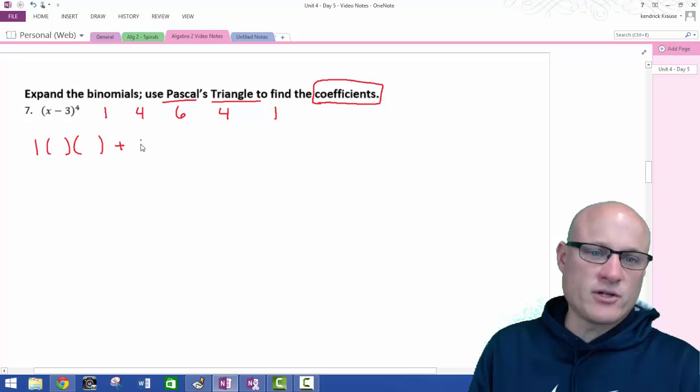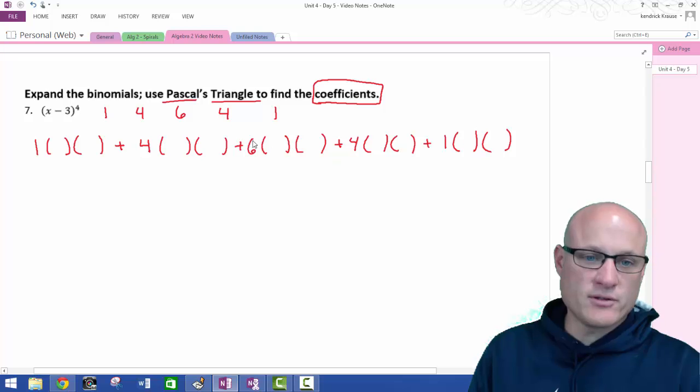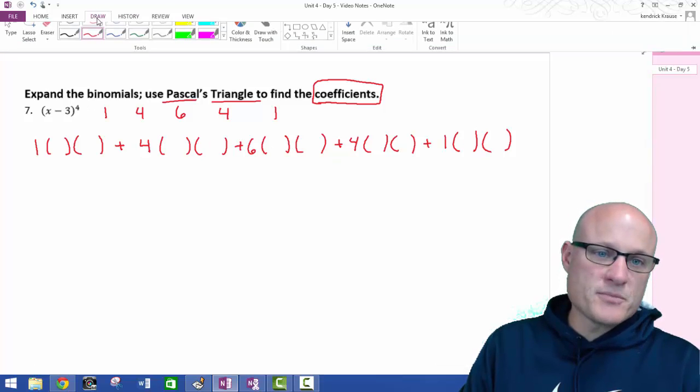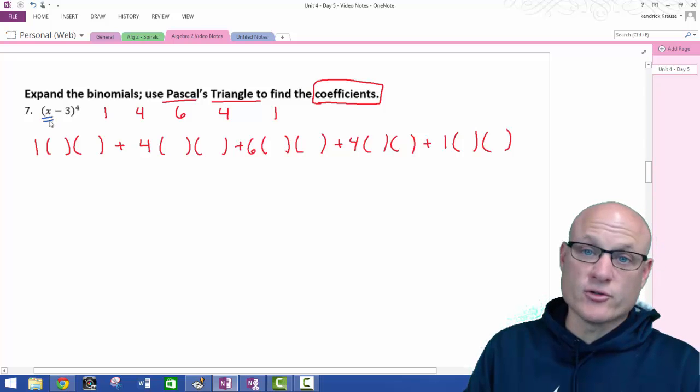Then we're going to do the next number, 4, and we're going to use 2 sets of parentheses. And then 6 and 2 sets of parentheses, plus 4 and 2 sets of parentheses, plus 1 and 2 sets of parentheses.